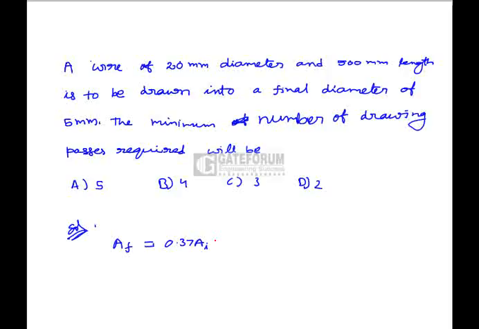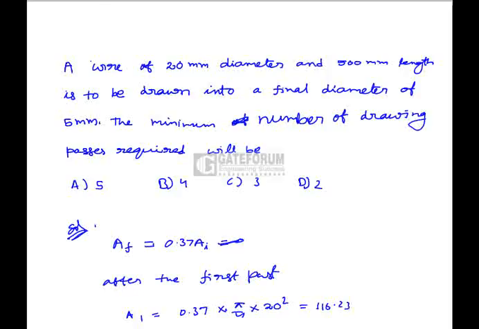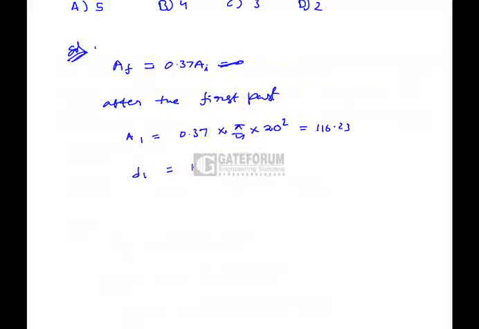After the first pass, A1 = 0.37 × π/4 × 20², which is 116.23, and D1 is 12.16 mm.